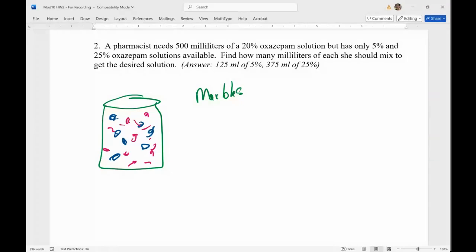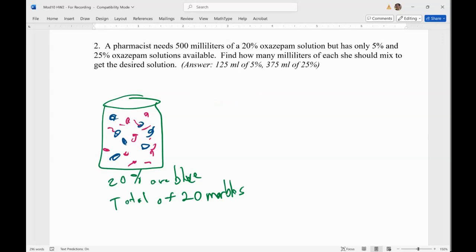Now, suppose that you know that 20% of them are blue, and suppose you also know that you have a total of 20 marbles altogether.